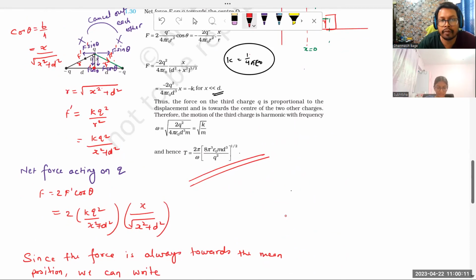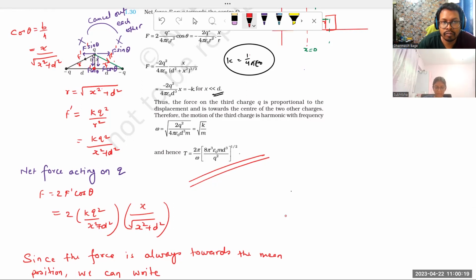Okay, they have used a different formula here, and that's not wrong. Root over k by m. So that's wrong.